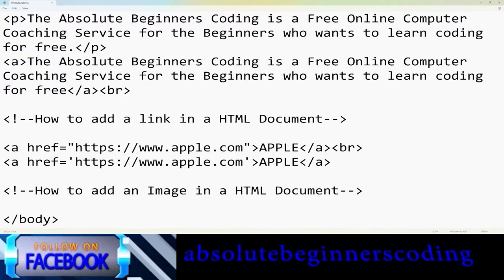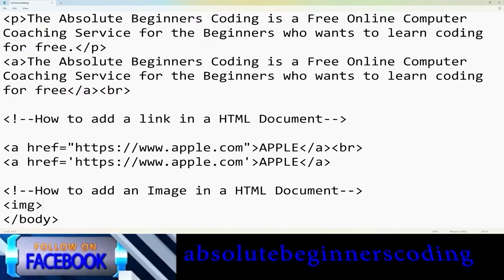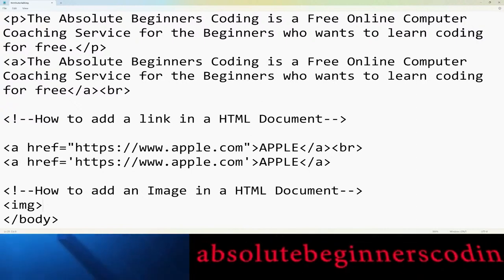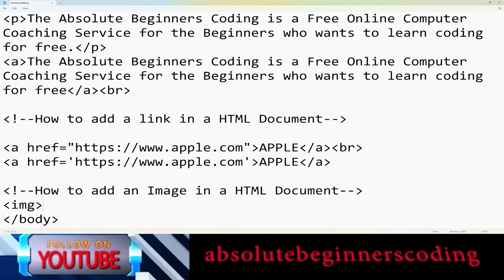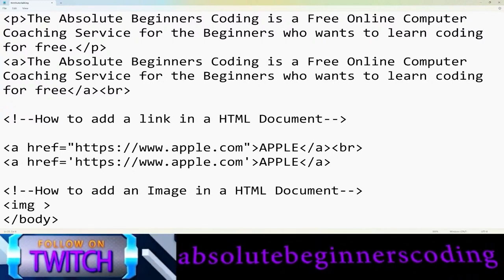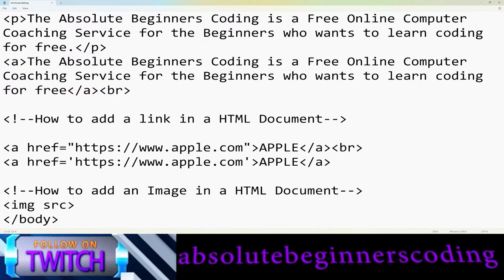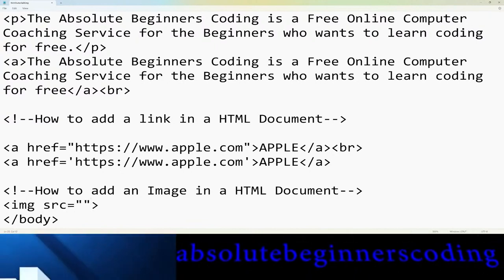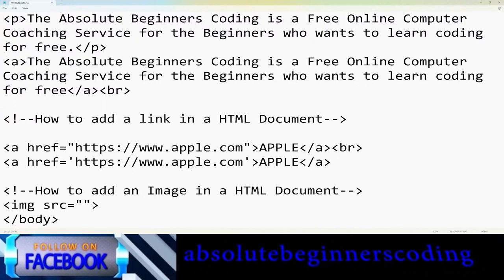So what you can do is simply type img inside the brackets, and go inside it and add the source from where you're gonna add the image. Again, it doesn't matter if you're using single quotes or double quotes. I'm going to use the double quotes.